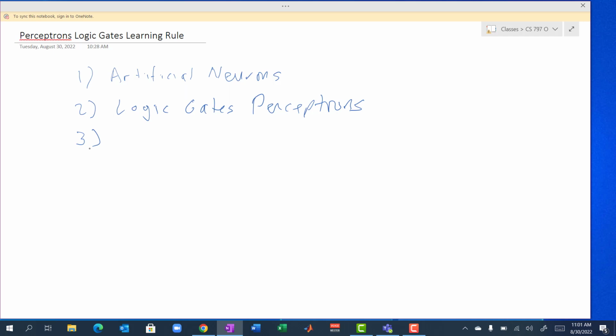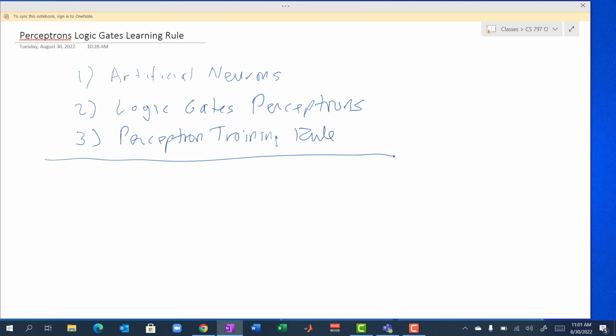And we're going to look at the perceptron training rule. All right, so let's start off.